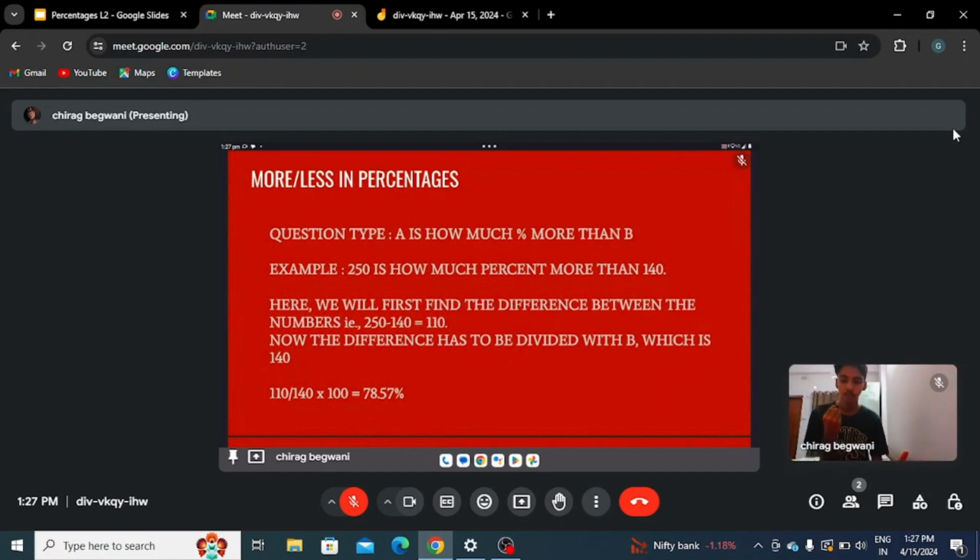The method to do this: first focus on the A and B part. Here 250 is A and 140 is B. First we find the difference between the two numbers, 250 minus 140. Then the difference has to be divided by B, which is 140. So after finding the difference, you divide it by the second number, which is B. Here we did 110 by 140.